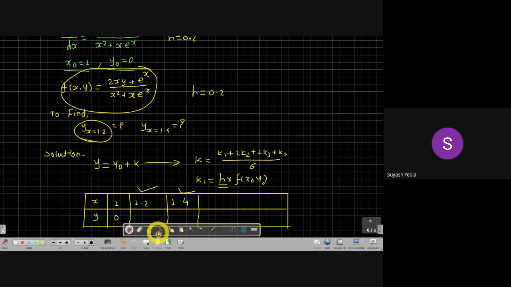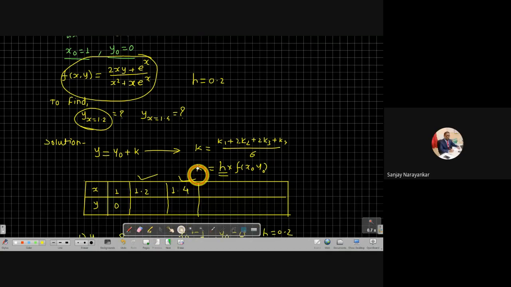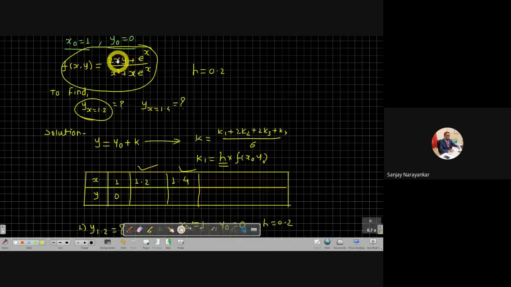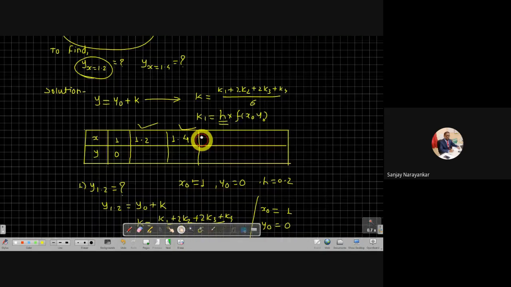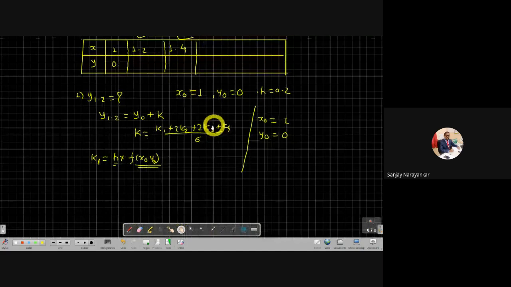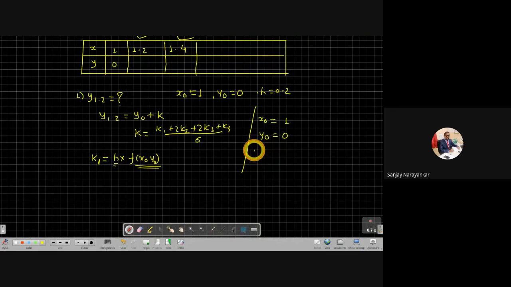So using this function, you have to substitute x and y values and find out f of x0, y0.